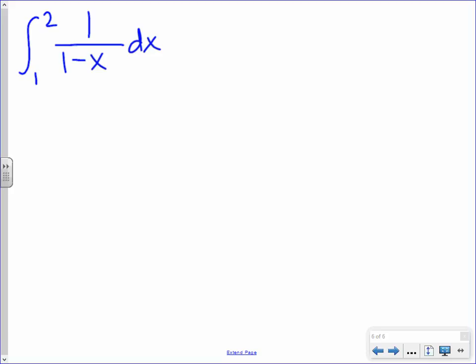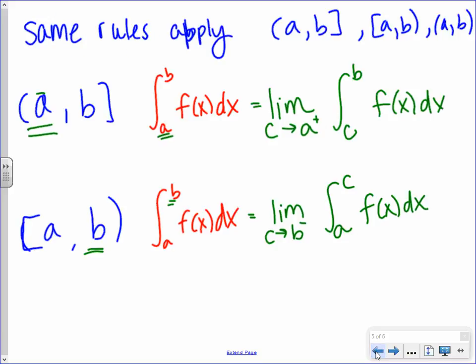If an endpoint is not included in our domain, we can't plug it in, so we have to do a limit. So do we just combine the first and the second? Yeah, kind of like we did with the two infinity rules.